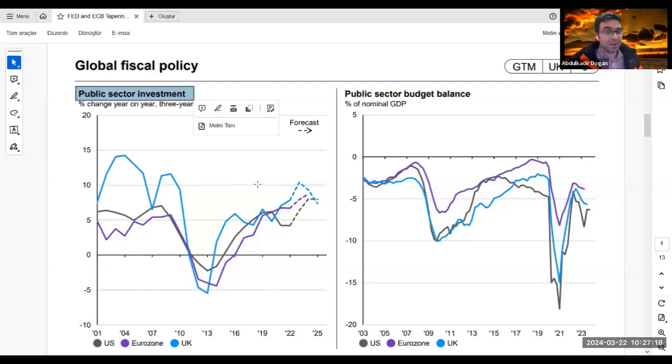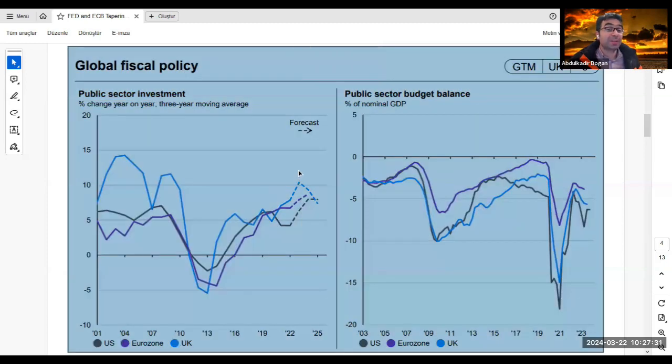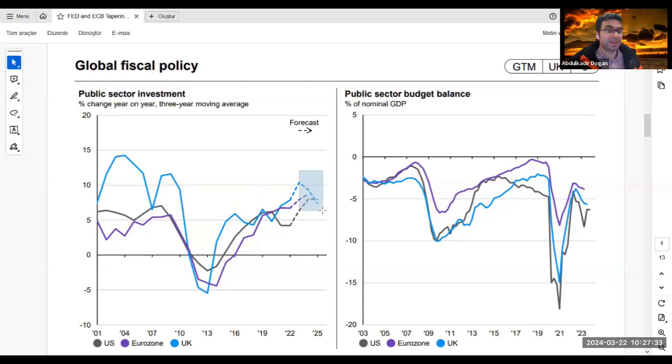So here, as you see, after the COVID crisis, like we have quantitative easing and expansionary policy, the fiscal policy is also expansionary. But after the tapering period, public sector investment also should be contractionary to fight inflation.